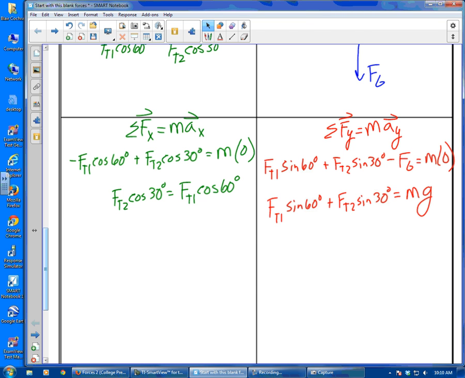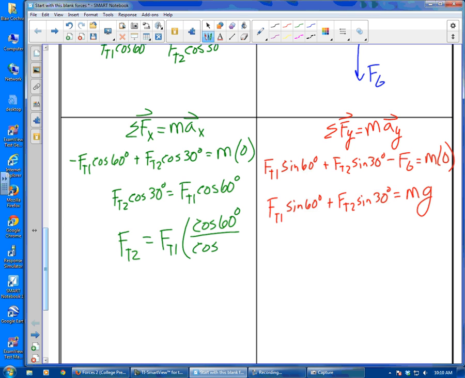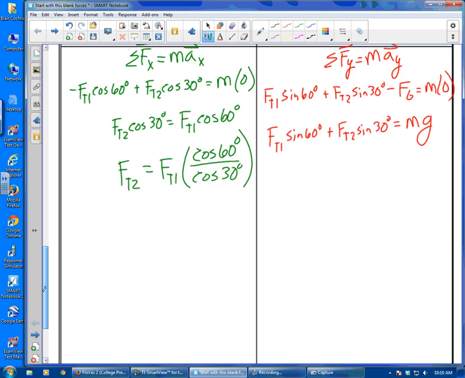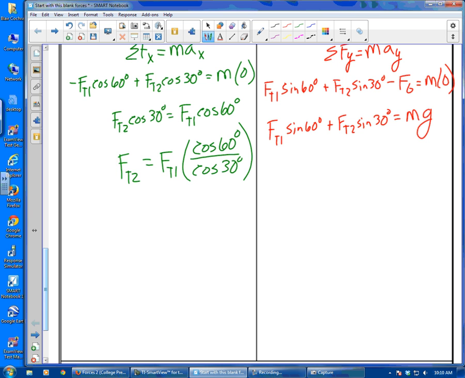If I did that, I would have ft2 equals ft1 times cosine of 60 over cosine of 30. I kind of want to find out what that number is, so I'm going to find out by using my calculator.